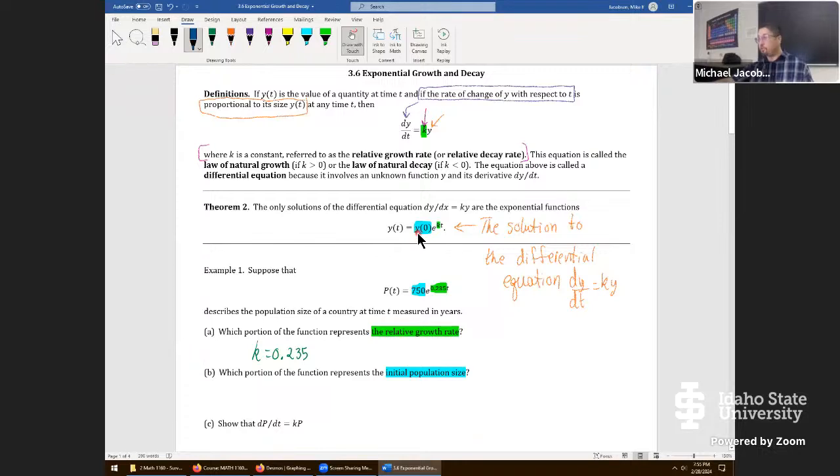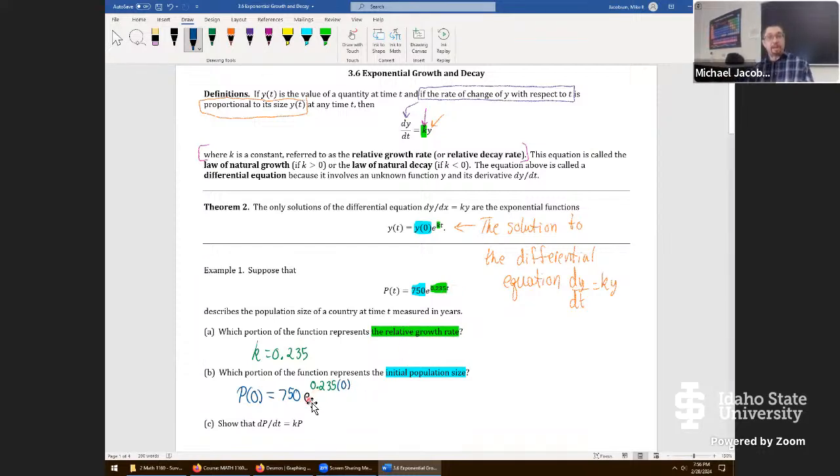So if you see a y of 0, but your function is a p function, just write out p of 0. Where are you putting the 0? It's going right here where t is. So it becomes 750 times the base e exponential to the power of 0.235t. But t is the input right here. We plugged in 0. So 0 goes into that location.